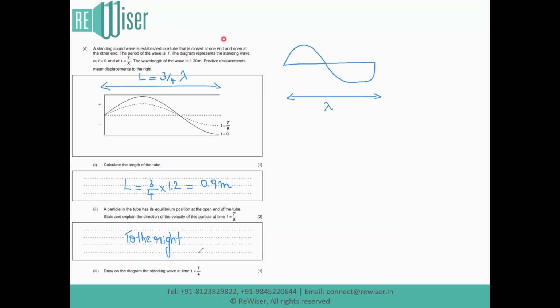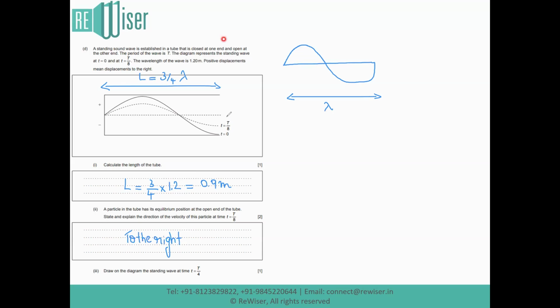Moving on to the last part, we are asked to draw on the diagram the standing wave that is formed at time t equal to T by 4. At time t equal to 0, we have the standing wave pattern formed. At time t equal to T by 8, we know that the amplitude has exactly reduced in half.